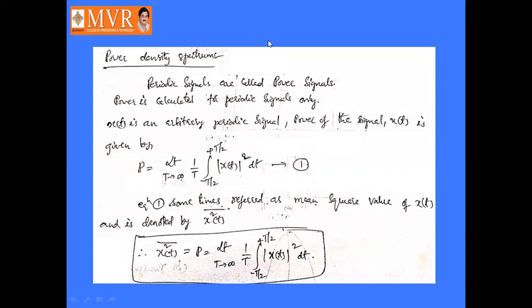This is sometimes referred to as the mean square value of x(t) and is denoted by x²(t) bar. Therefore, x²(t) bar = P = limit T tends to infinity 1/T ∫ from −T/2 to +T/2 |x(t)|² dt. So this is the power density spectrum.